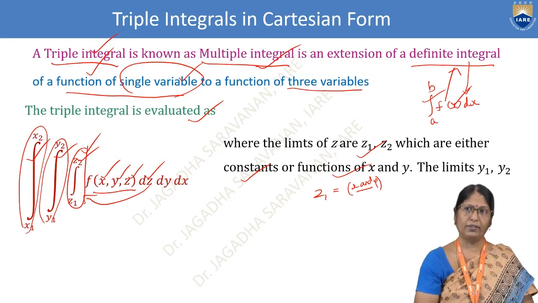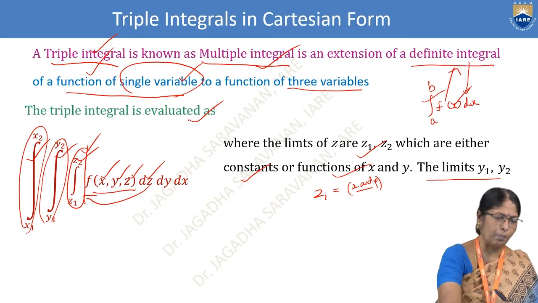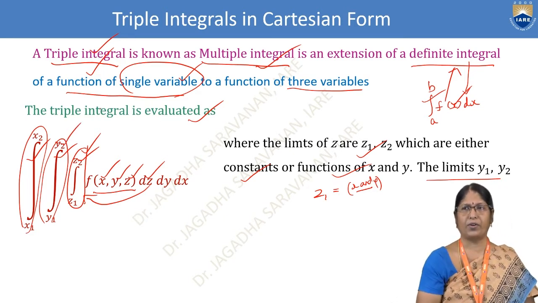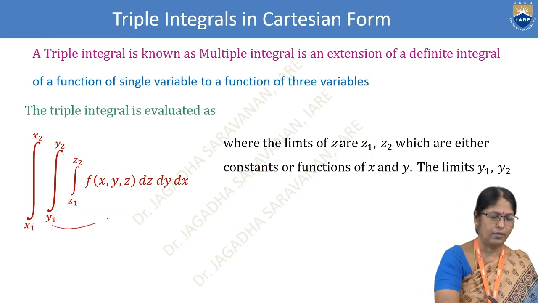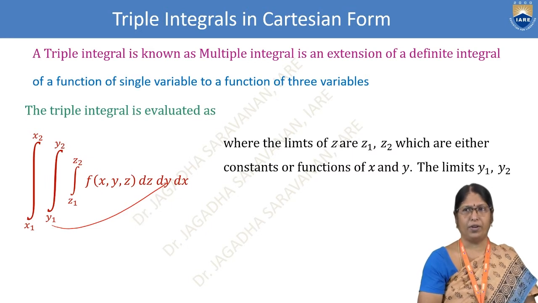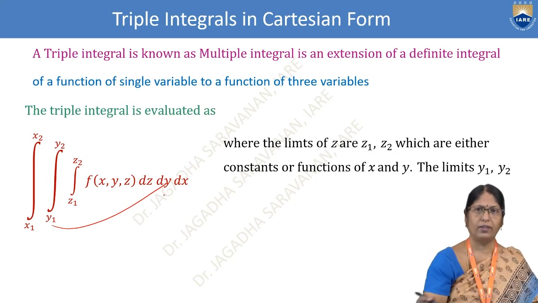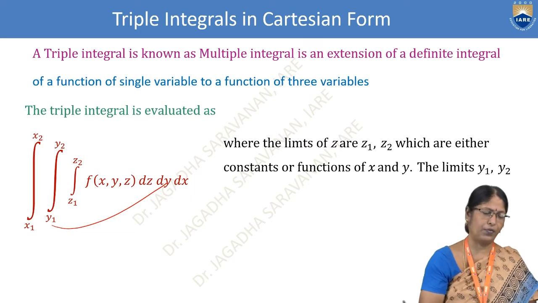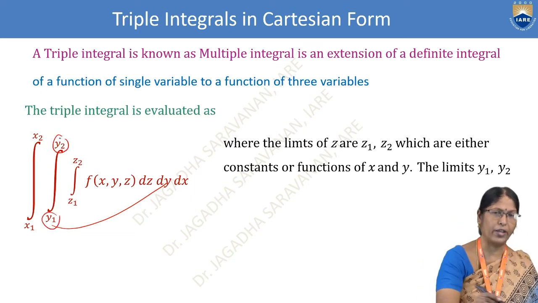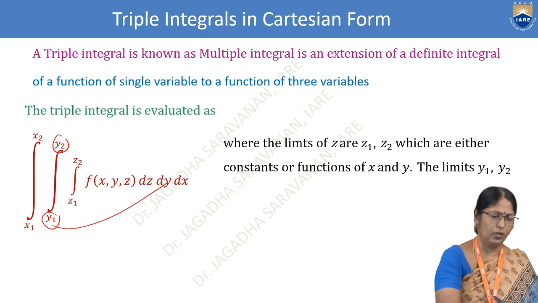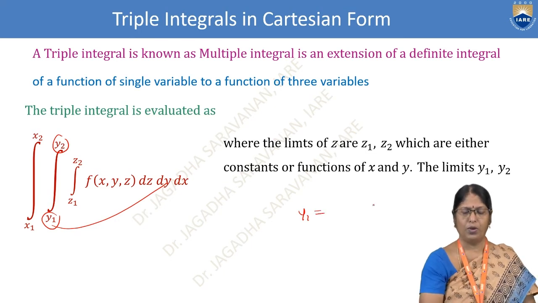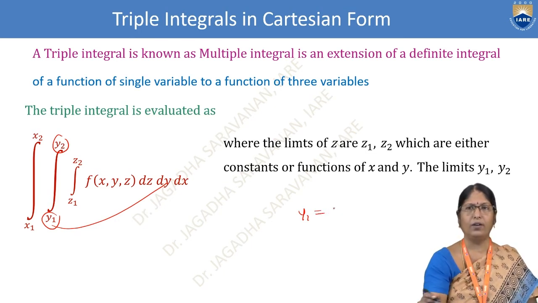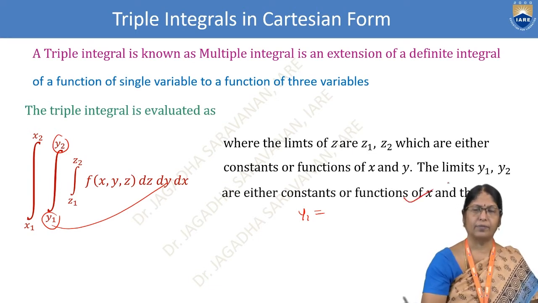The next one is the middle one. The middle integration is with respect to y we are going to do, that is from y1 to y2. So for y1 and y2, we are going to write y1 equal to, y1 is dependent on some function, that is x.